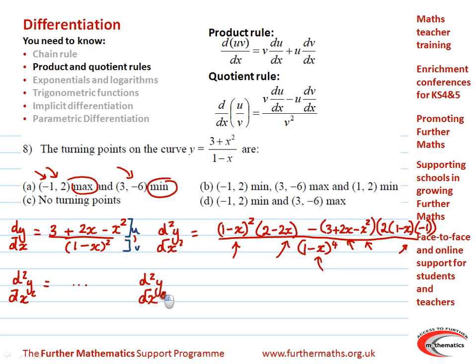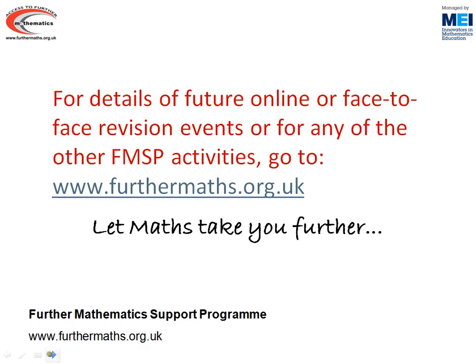If d2y by dx squared is greater than 0, this implies that you've got a minimum, and if it's less than 0, then you have a maximum. So that gives you another option for choosing between those points, and it's a nice application of the quotient rule used twice over.